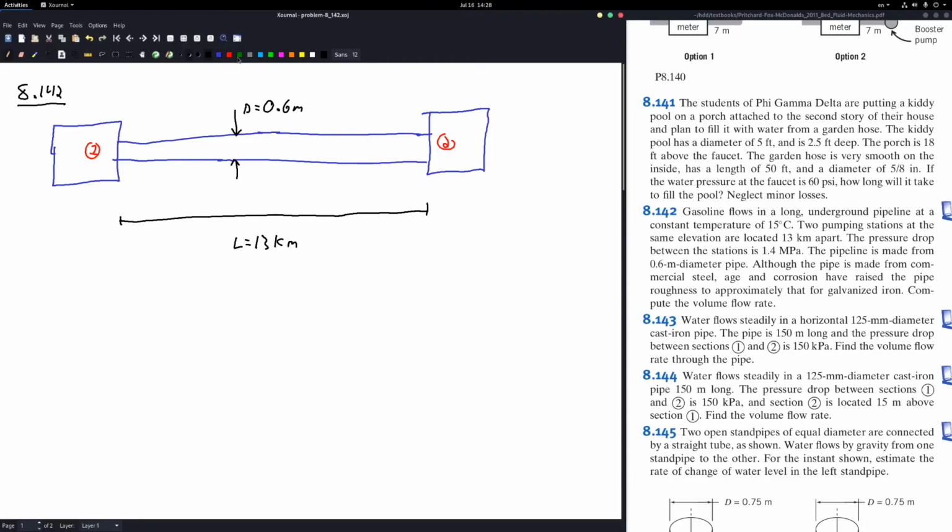Now for problem 8.14 here, we have gasoline that is flowing through an underground pipe. The first thing to do is to start with Bernoulli's equation with considering major and minor losses.